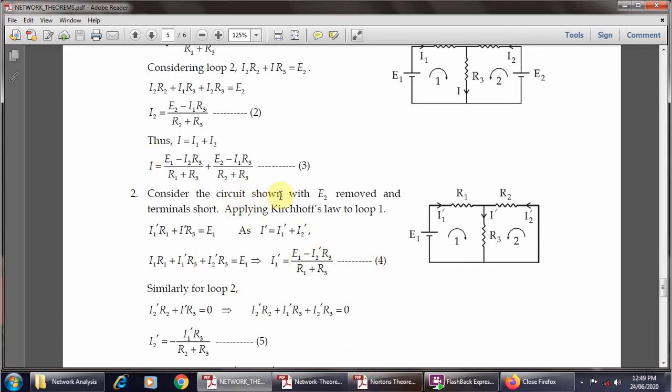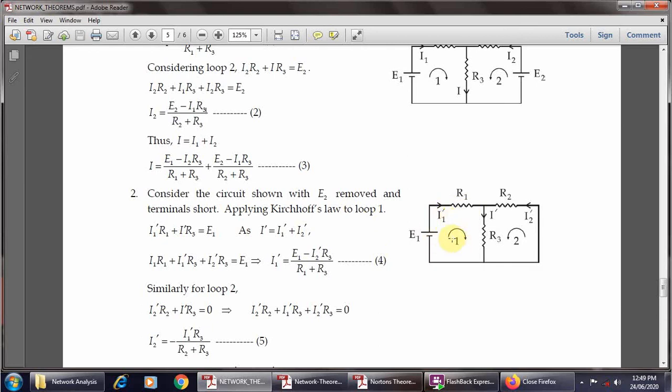Consider the circuit as shown. In the next case, E2 is removed, which acts as a short circuit because of the voltage source, and we apply Kirchhoff's voltage law to loop 1.